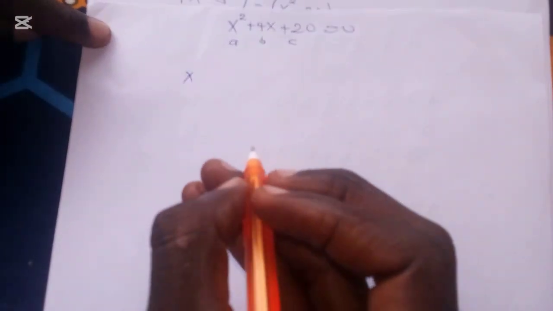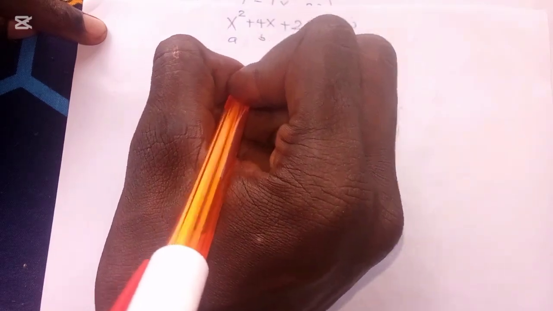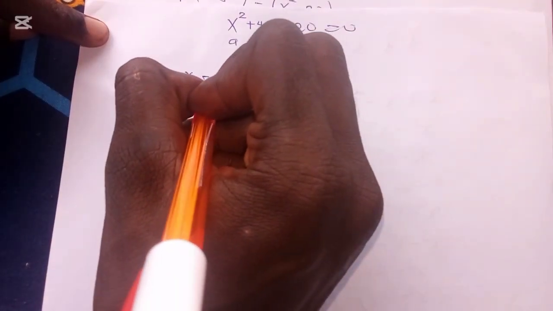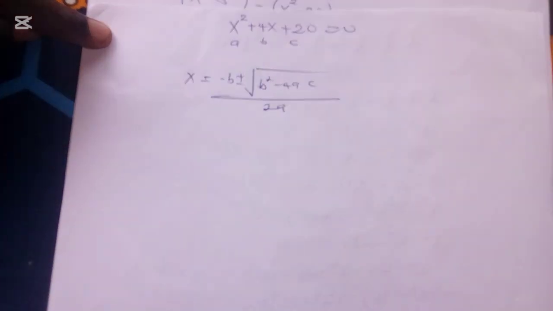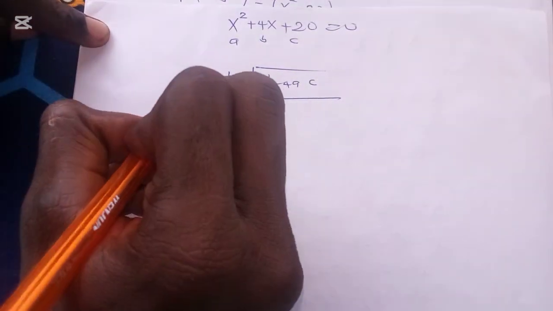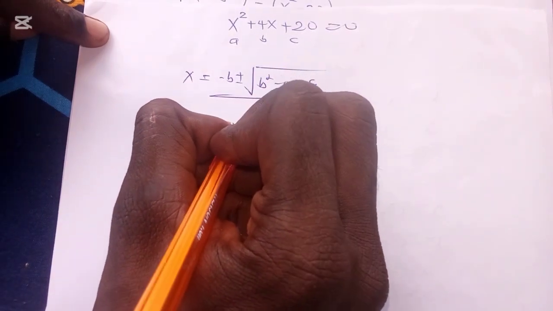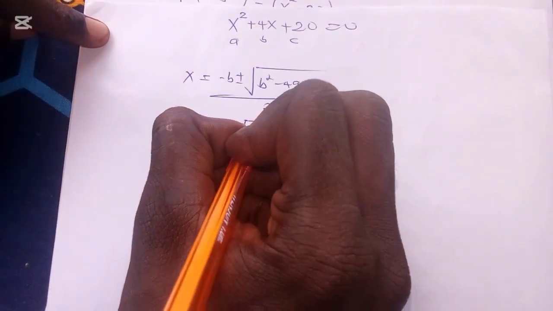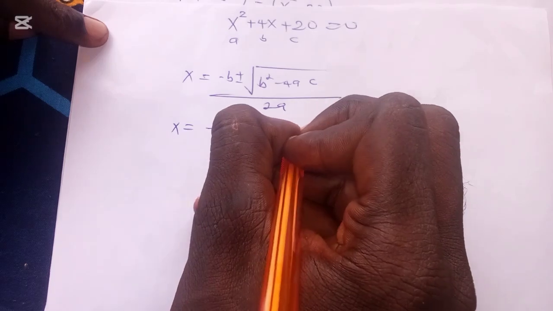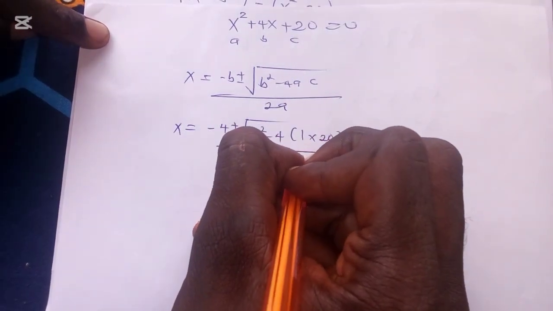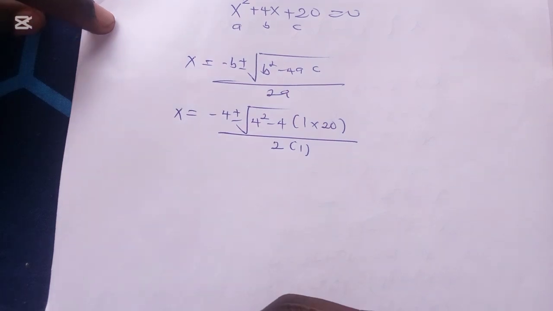Then we say the formula is stated as x is equal to minus b plus or minus the square root of b square minus 4ac, divided by 2a. Okay, now we substitute. We say that x then becomes minus, what is b is given as 4, plus or minus the square root of 4 square minus 4 into 1 times 20, then everything becomes 2 into 1. This is just substitution, right?